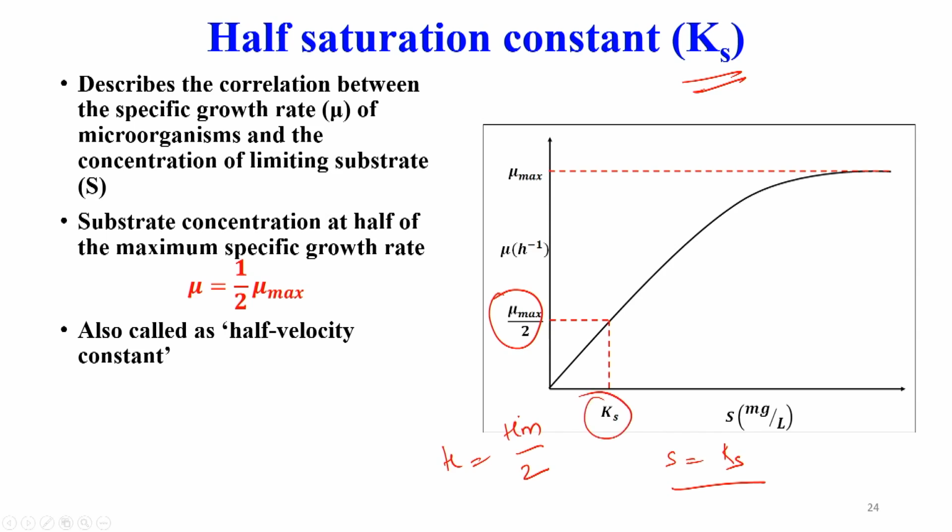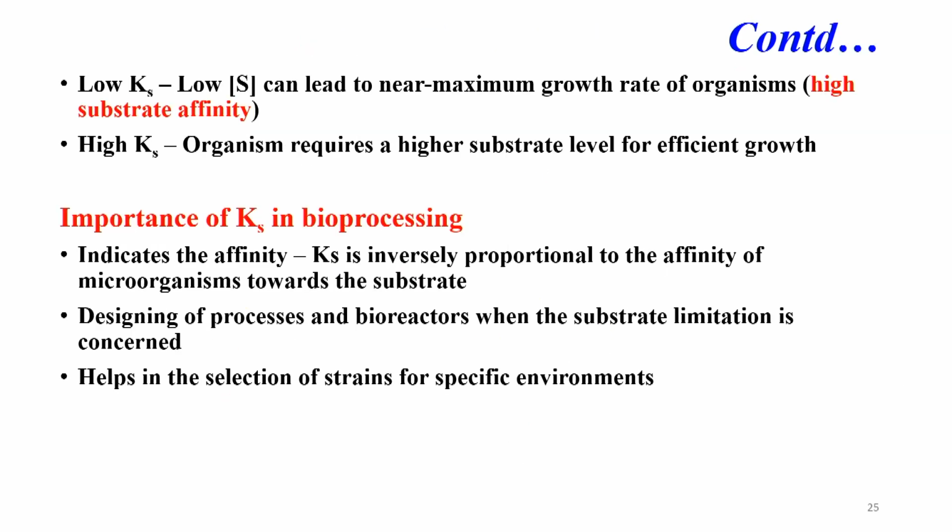This is a simple definition of half saturation constant: the substrate concentration at half of the maximum specific growth rate. In fact, this is also called the half velocity constant. Now, similar to the Michaelis-Menten equation, you can have mu as mu max S upon Ks plus S.